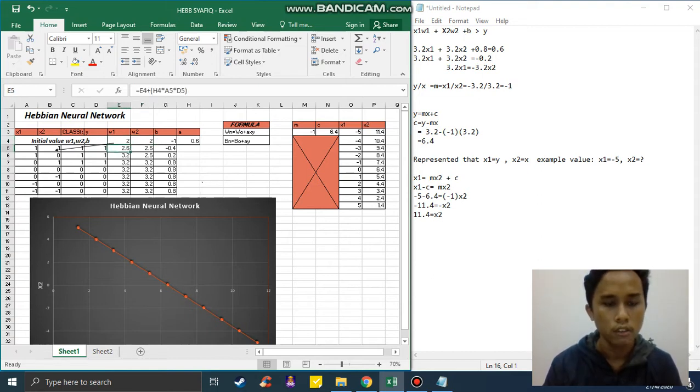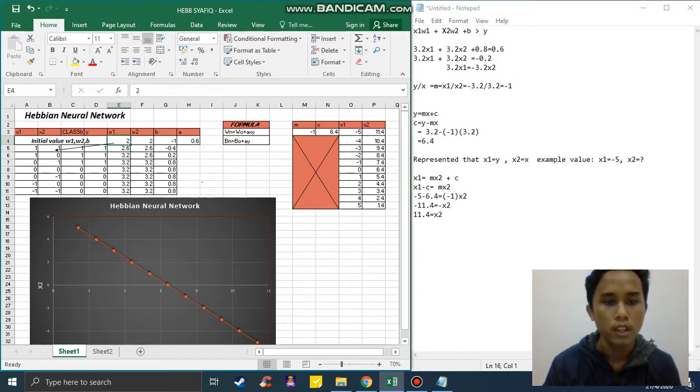To get the first value for this column, we must use these two formulas. We want to find the w1 for this value, which is 2.6. To find 2.6, we use this formula: w new equals w old plus alpha multiplied with x multiplied with y. For w old we take the initial value.